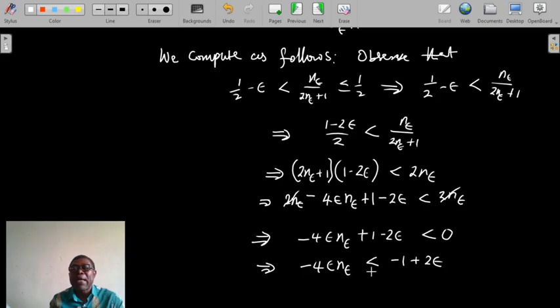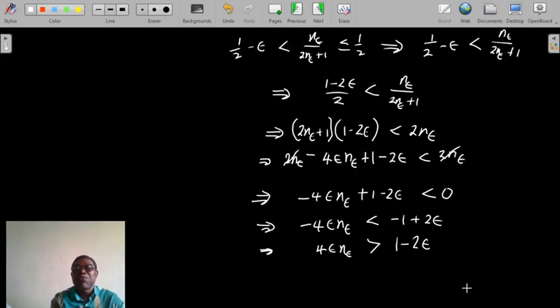Now, multiplying both sides by minus 1 will give us that 4 epsilon n_epsilon will be greater than 1 minus 2 epsilon. This is true, and from which we get therefore that n_epsilon is greater than 1 minus 2 epsilon all over 4 epsilon.